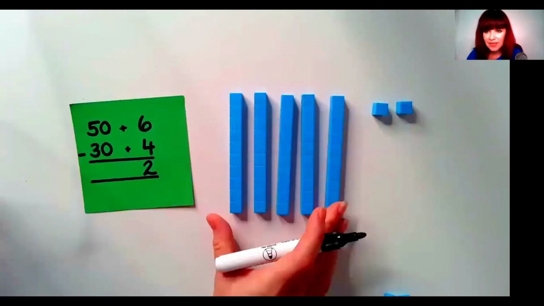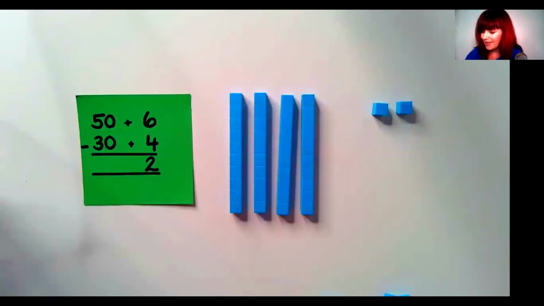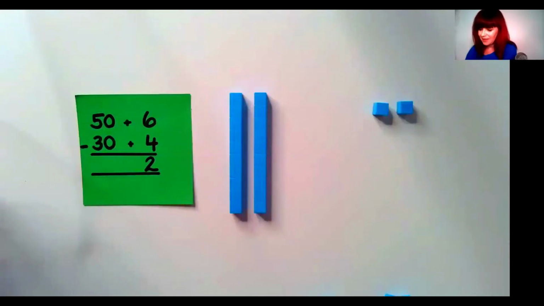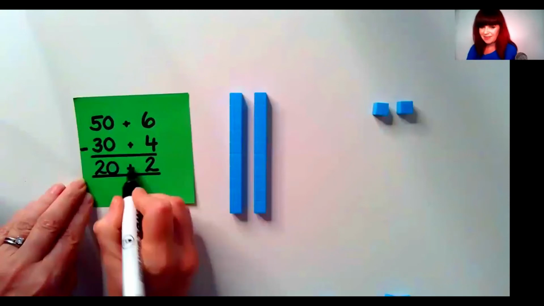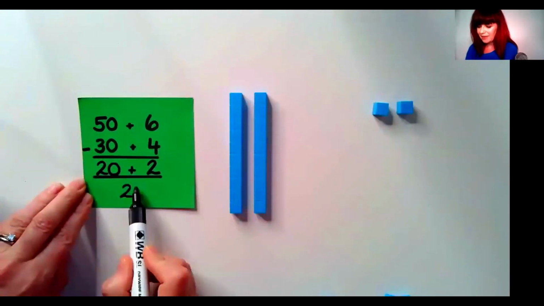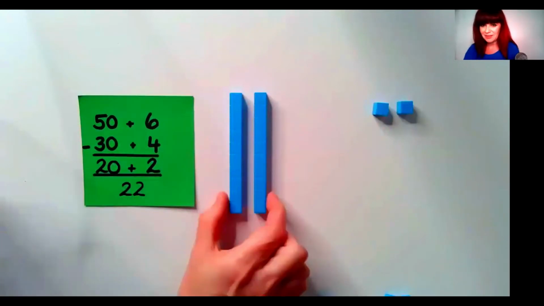I've got 50 and I need to subtract 30. 10, 20, 30. How much have I got left? I've got 20 remaining. And I can see from my calculation that my final answer is 22, and I can check it with my build to make sure it is 22.